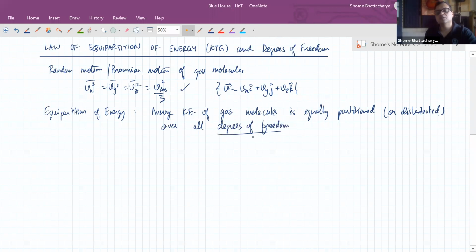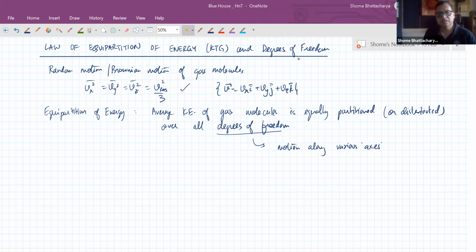So what is meant by degrees of freedom? Motion along various axes.